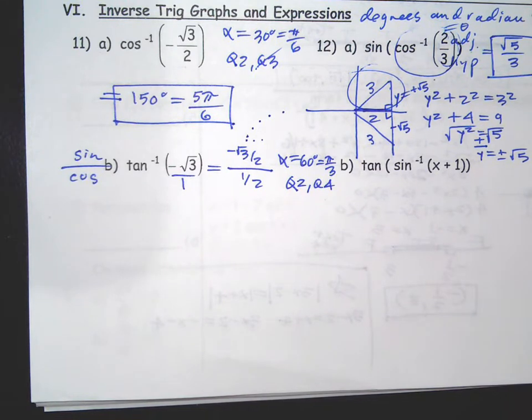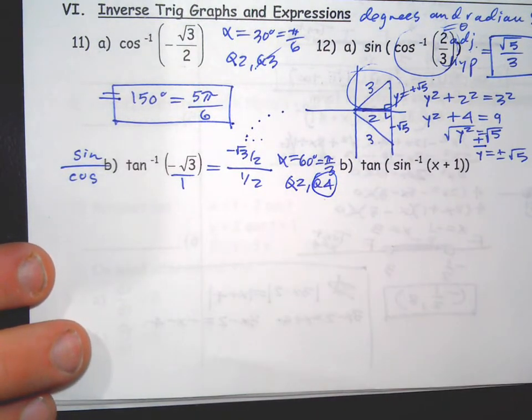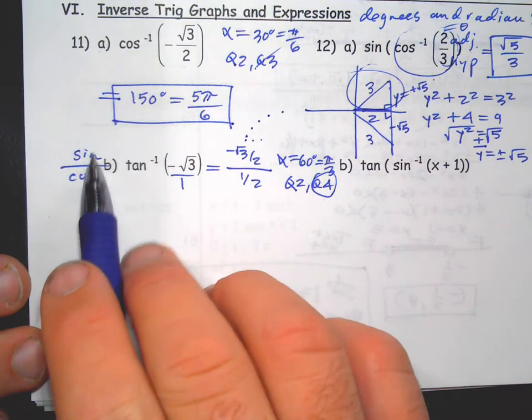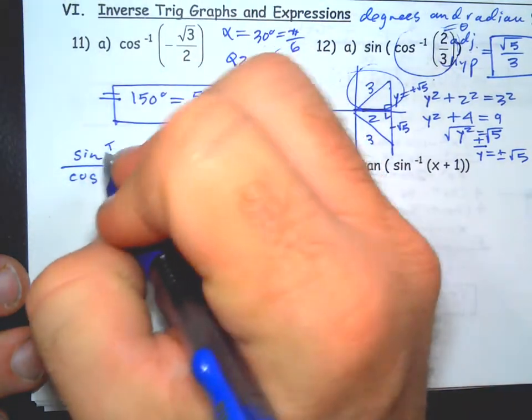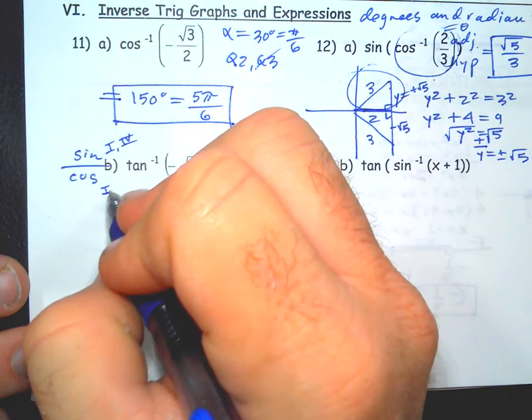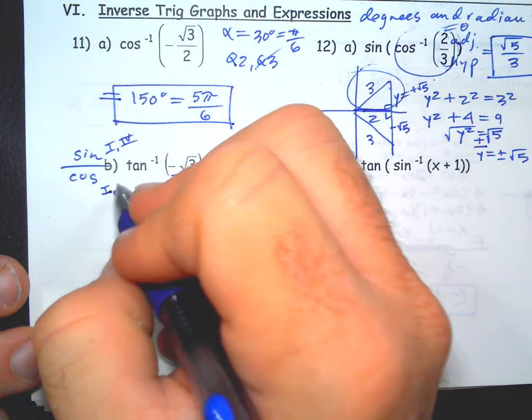So quadrant 1 would give you the positive answer. So quadrant 2 or 4, either of them would do it. I think it's quadrant 4 for tangent. Oh, it's a little less obvious. I guess you could go with the quadrants for sine, which would be quadrant 1 and 4. Right? And cosine is going to be quadrant 1 and 2 usually.